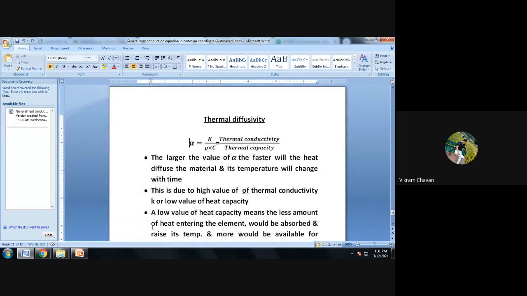Now, the larger the value of alpha, the faster will the heat diffuse through the material and its temperature will change with time.